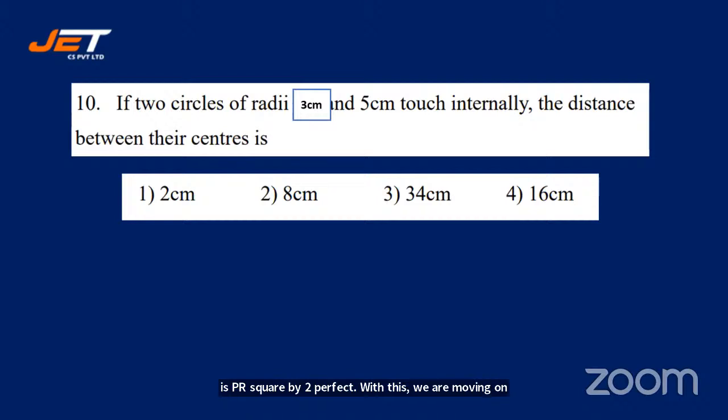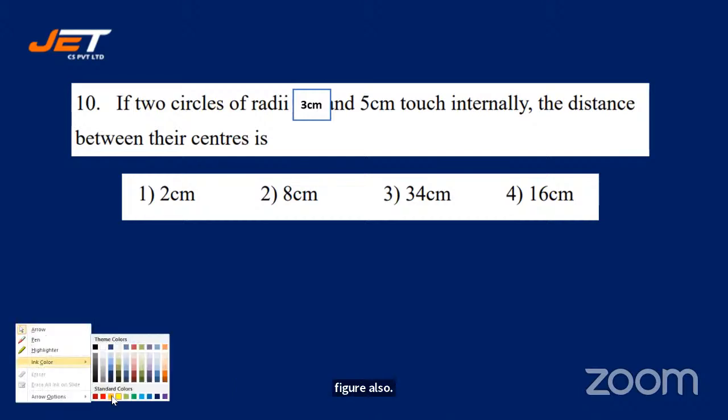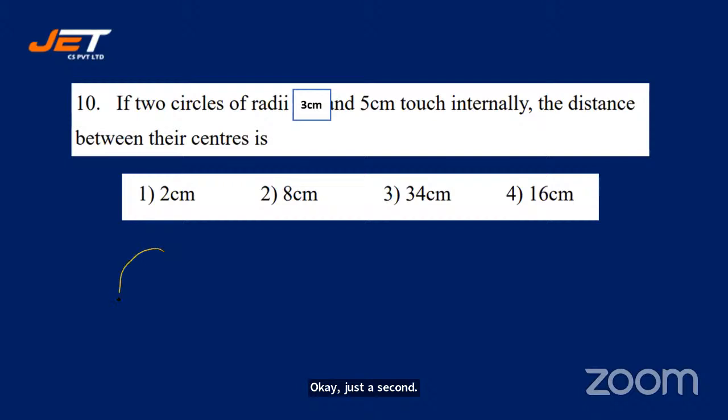If two circles of radii 3 centimeter and 5 centimeter touch internally, the distance between their centers is dash. All right, so let me explain it by giving you the figure also. Just a second. Now, this is supposed to be the concentric circle. What is a concentric circle?